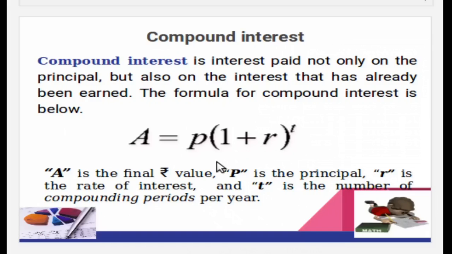The compound interest, or compounding interest, is the interest on a loan or deposit calculated based on both the initial principal and the accumulated interest from the previous period.